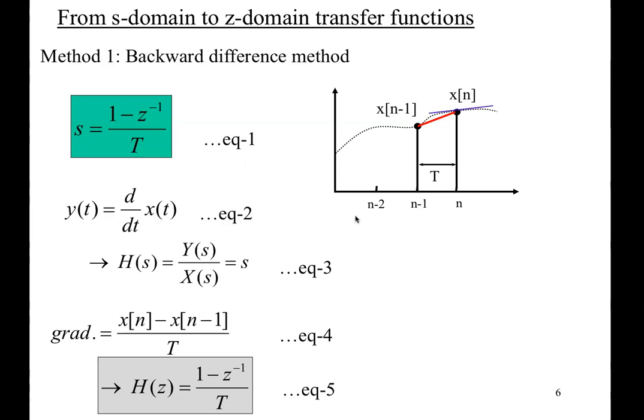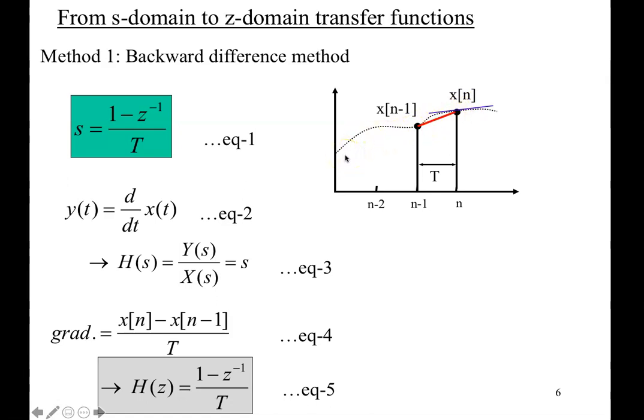We are not going through the mathematical proof for this, but what is essential is this. The dotted line here is a continuous signal. If I look at that particular point, I draw a slope here. This is the rate of change at that particular point for the dotted line in continuous time.